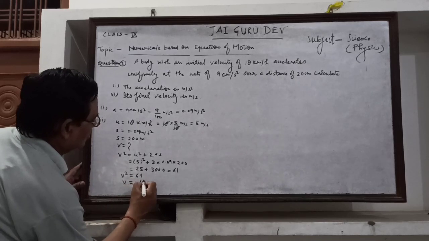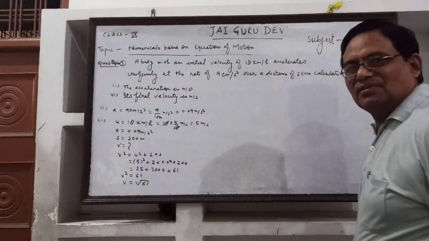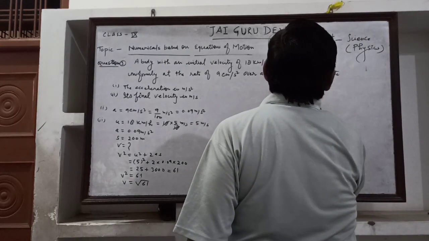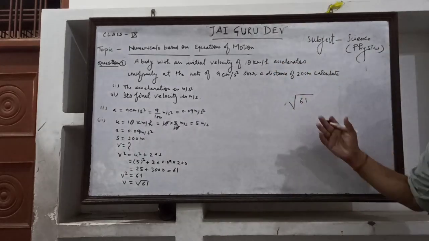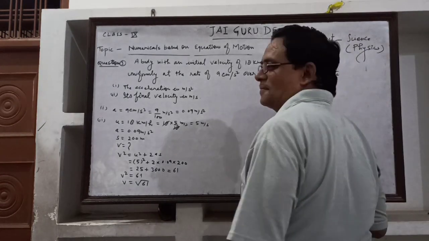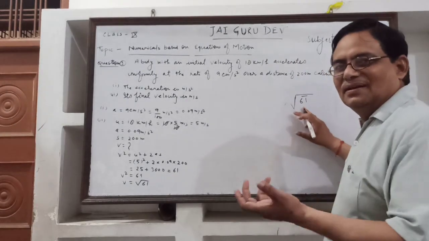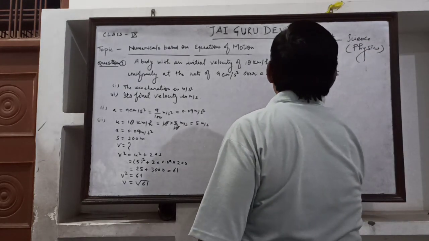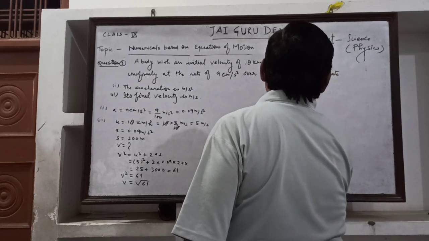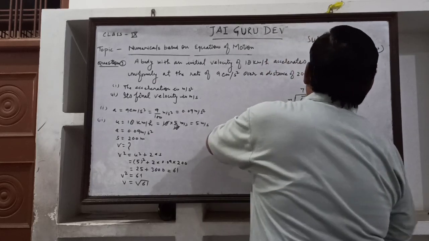So V is equal to under root 61. We will find out the square root of 61 also. Once again, you go back to junior classes, square root of 61. Okay, let us do it: 1 one is 1, 2 twos are 4, 3 threes are 9, 4 fours are 16, 5 fives are 25, 7 sevens are 49, 8 eights are 64. So we take 7, 7 sevens are 49. Once again, 7 7 14.